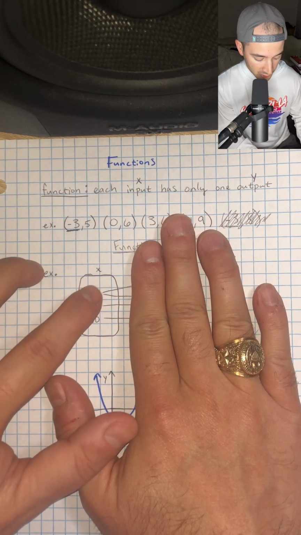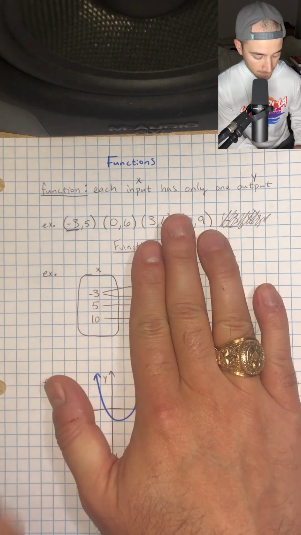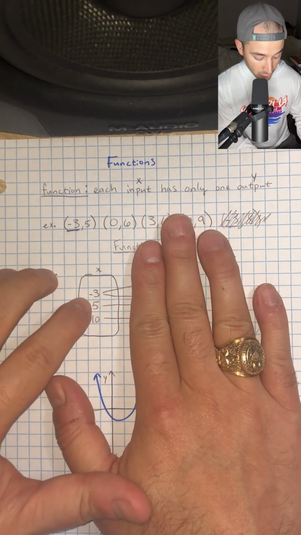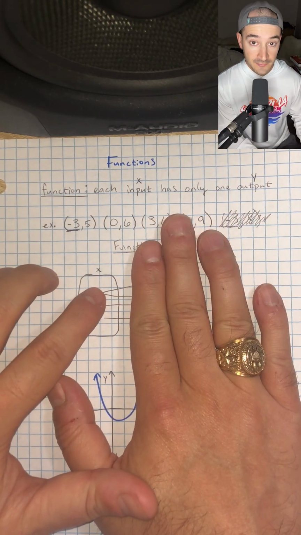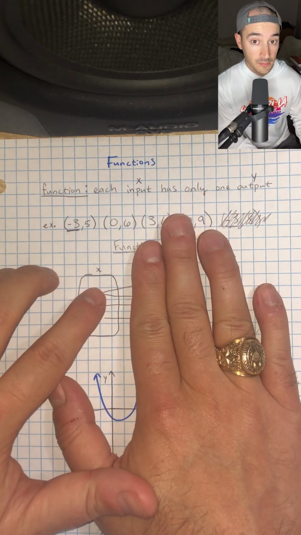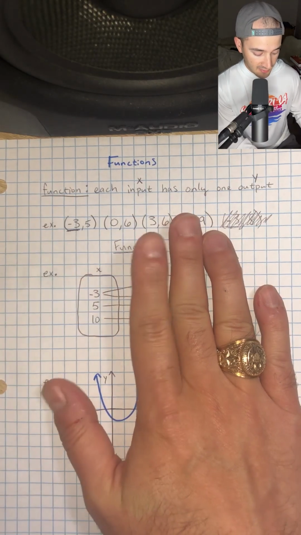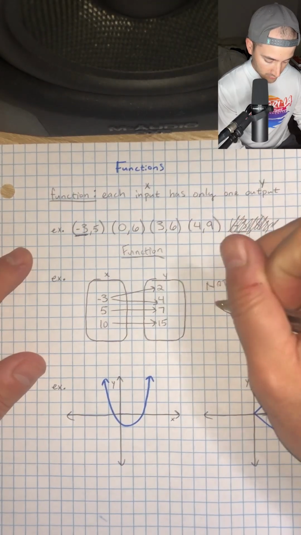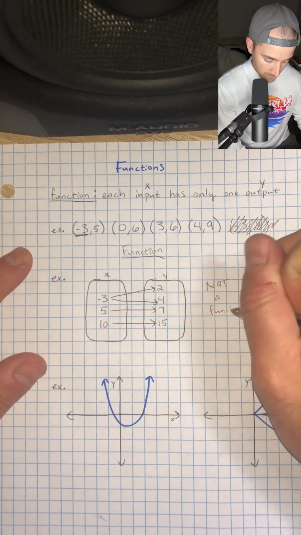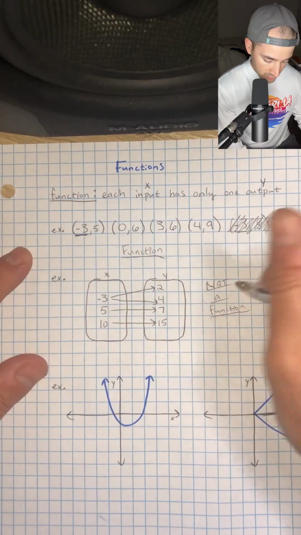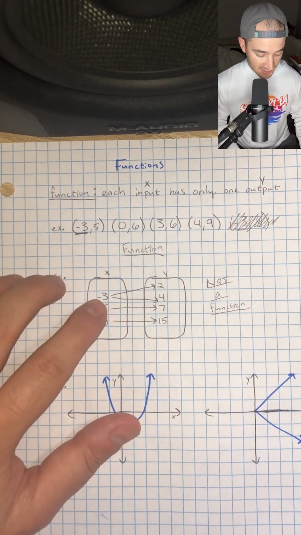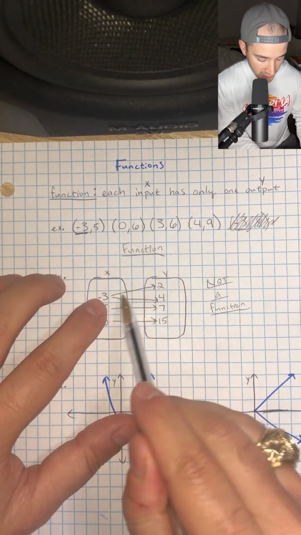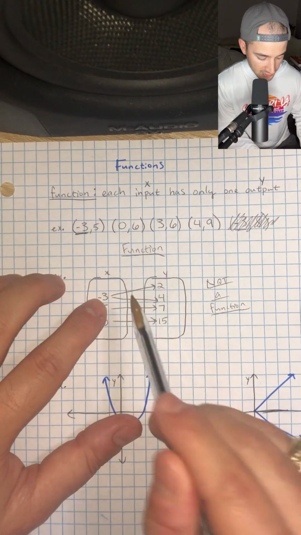We can only have one line leaving each number. Now, at -3, we have two lines leaving it, okay? We can't have that in order to be a function. So that means this mapping is not a function, okay? It is not a function because that -3 has two arrows leaving it.